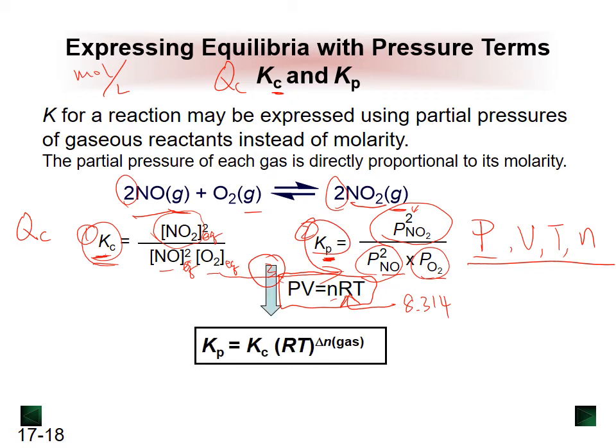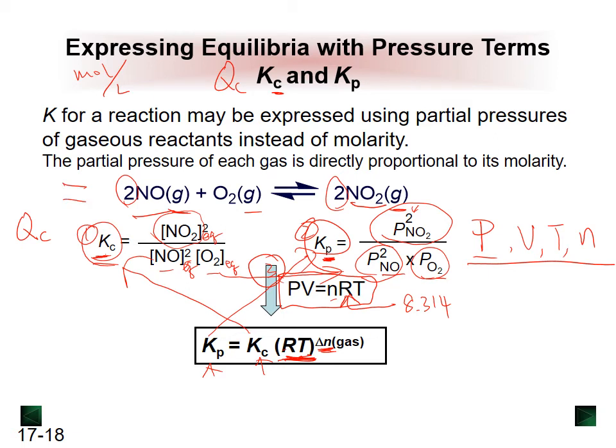This equation is Kp, the equilibrium constant in terms of partial pressure, equals Kc, the equilibrium constant in terms of concentration. Usually they are not the same. You need to multiply Kc by RT to the delta n power. R is the gas constant, T is temperature, and delta n is the number of moles difference between reactants and products in gas phase.